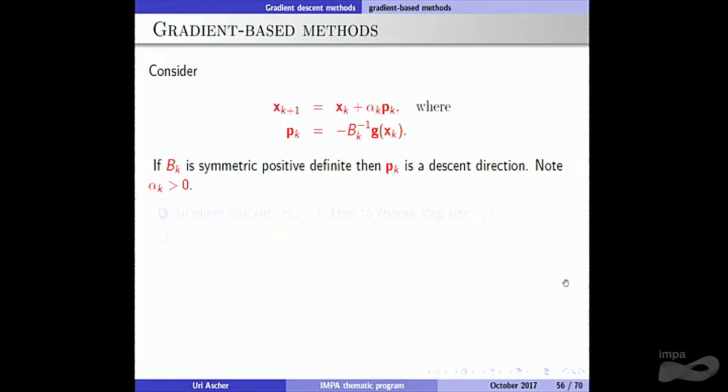At a given x sub k, we calculate the direction p sub k and a step size alpha sub k, and form a new iterate x sub k plus 1, where the direction p sub k would be minus a positive definite matrix B sub k inverse times g. So g transpose times p sub k would be minus g transpose B sub k inverse g, and therefore that would be negative.